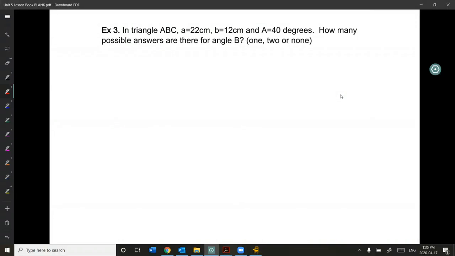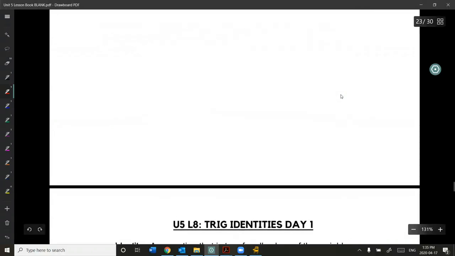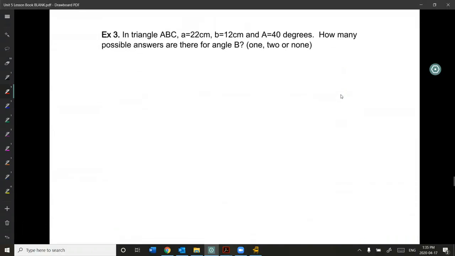Okay, let's take a look at one last example here. So in triangle ABC, angle A is 40 degrees and sides A and B are 22 centimeters and 12 centimeters respectively. How many answers are there for angle B? 1, 2, or none?